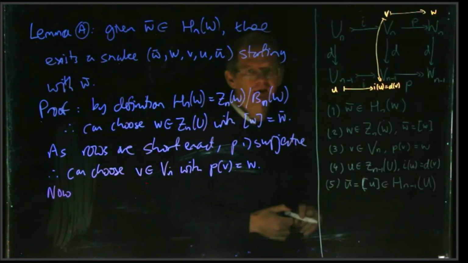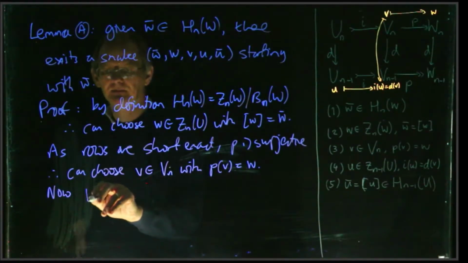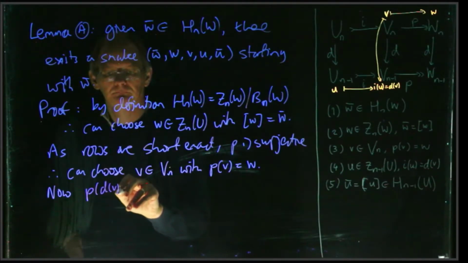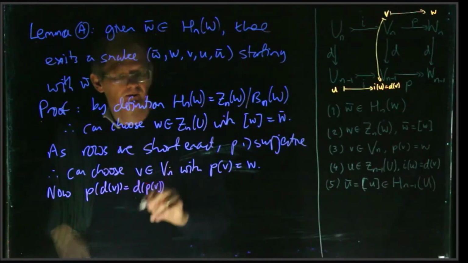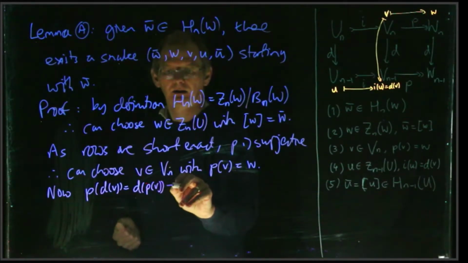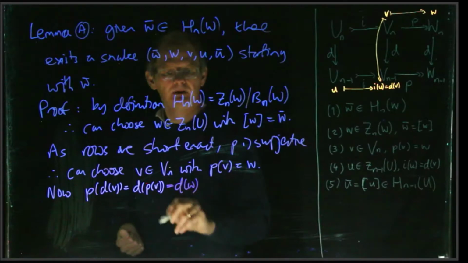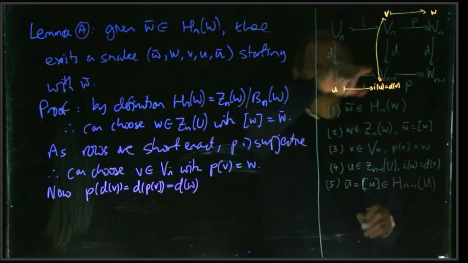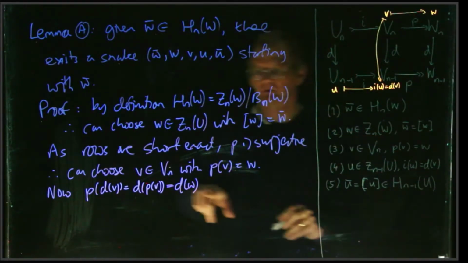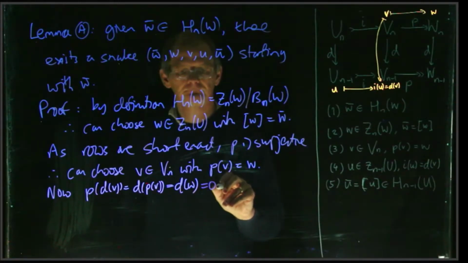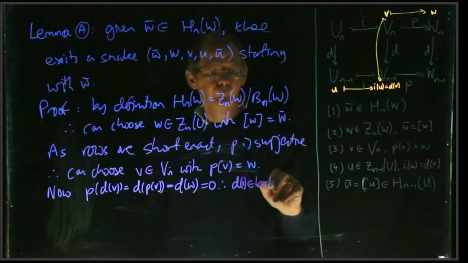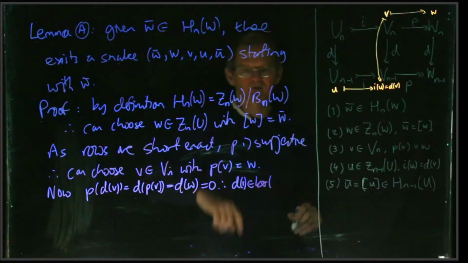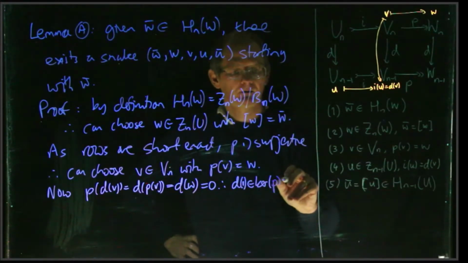So now I want to note that if we do p of dv, that's the same as d of p of v, because p is a chain map, which is d of w. But remember, w is a cycle, so dw is 0. So that's showing us that dv is in the kernel of p, which is the image of i.